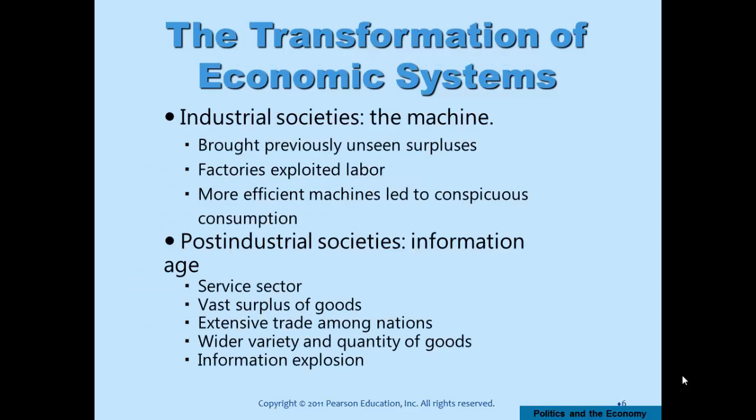With industrialization, the machine begins to enable us to produce things in ways that we've never been able to produce before. So surpluses develop in the production of many different products. Meanwhile, labor becomes very dependent upon owners now because the work has shifted from the home to the factories.